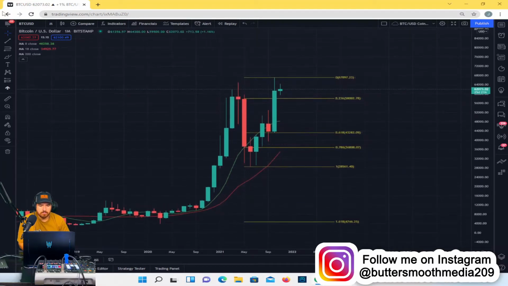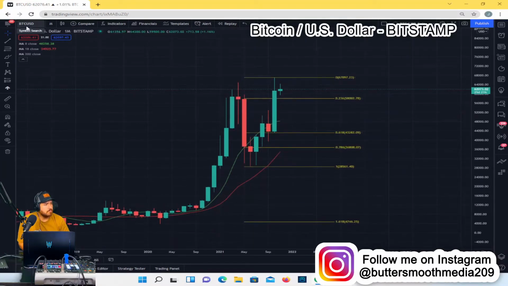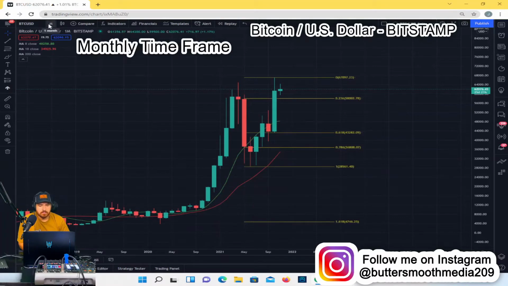So right now we're on Bitcoin paired with the US dollar, the monthly time frame. Each candlestick here represents one month worth of trading, and we're using the Bitstamp data on TradingView. When it comes to support and resistance, resistance really is a level that candle bodies close below and have a hard time closing above.